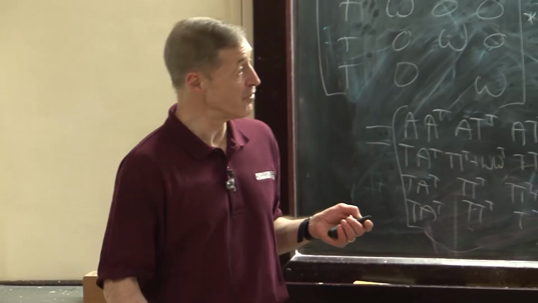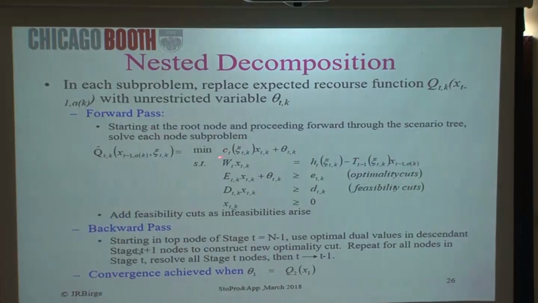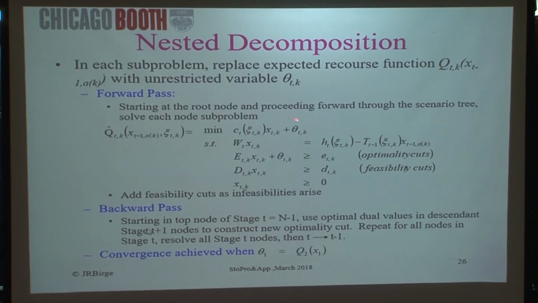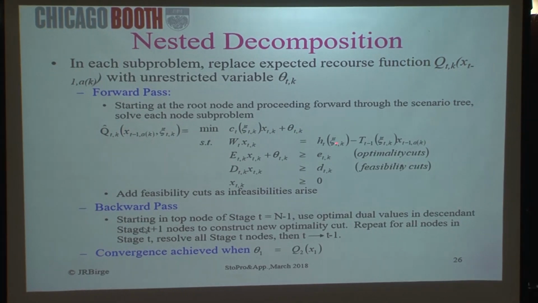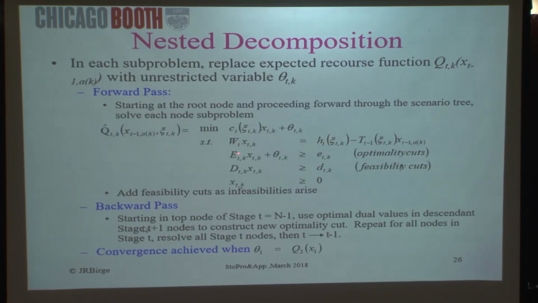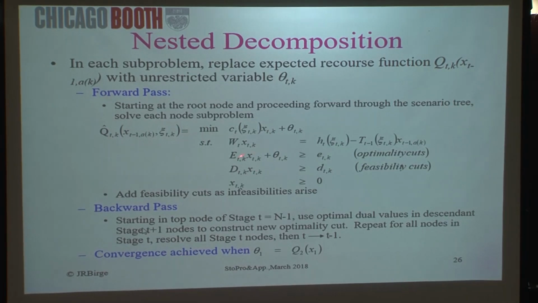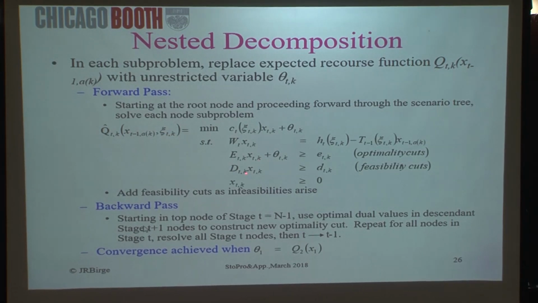So at every stage of that multiple stage problem, you have the same sort of setup where you have this variable theta that represents what happens in the future. You have your current set of constraints, and then you have these cuts, these inequalities that are placed on theta, approximating the recourse or value function at each point in time.